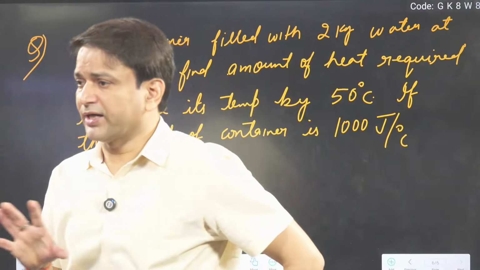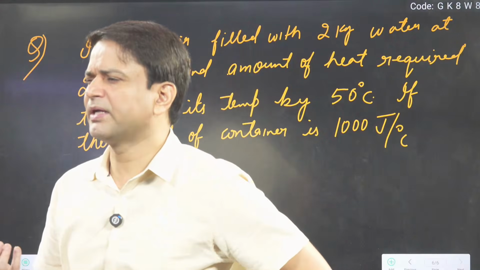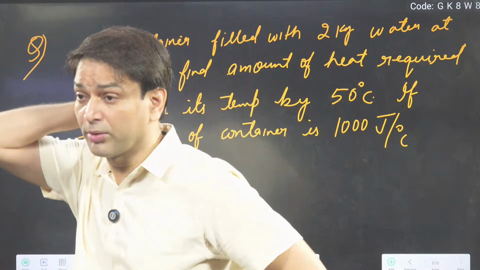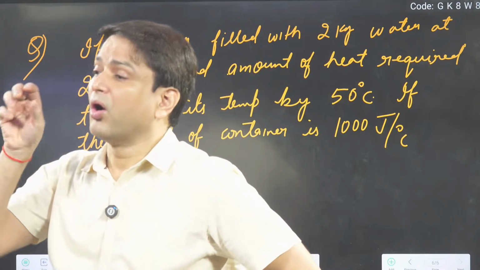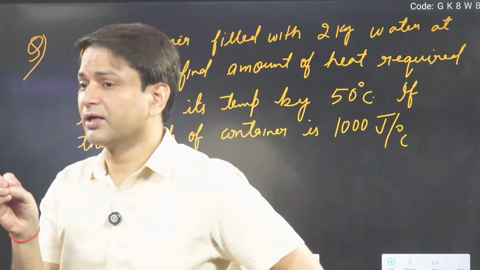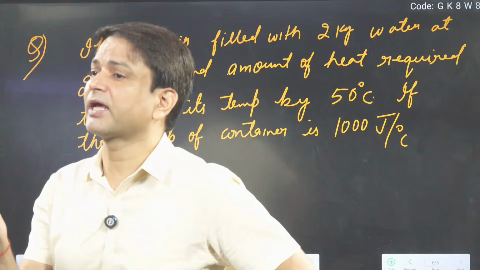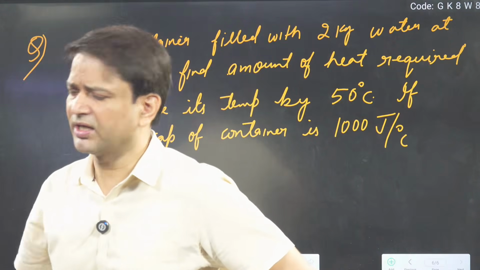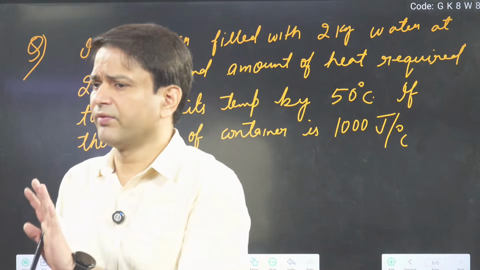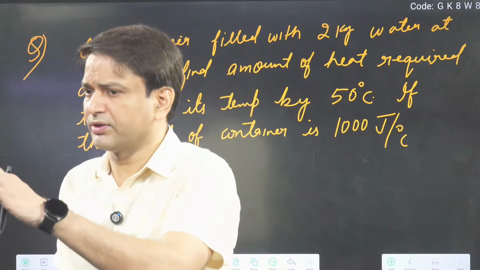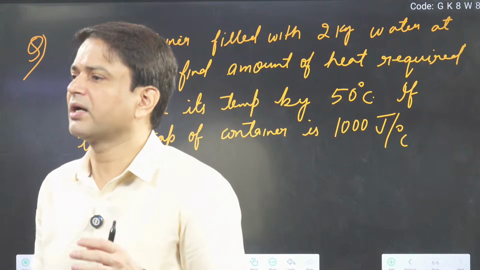If no data is given for the container, it means we have to ignore the heat absorbed by the container. Or if in the problem they say ignore the thermal capacity of the container, or the thermal capacity of the container is negligible, it means we should not take any heat absorbed by the container. Why?